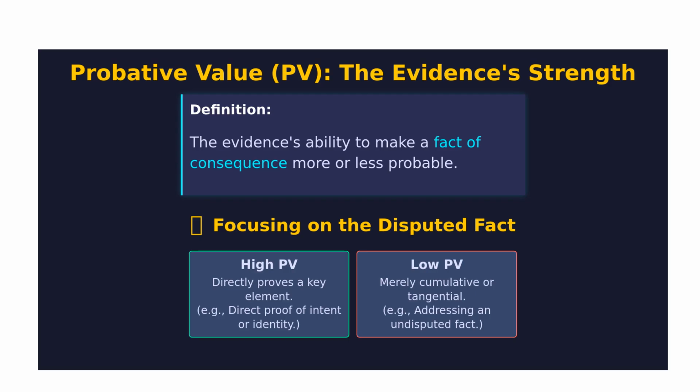Conversely, evidence has low probative value if it is merely cumulative, repetitive, or addresses a fact already conceded by the opposing party. If the evidence only slightly moves the needle on a minor point, its PV is low, making it much easier for the dangers listed in Rule 403 to outweigh it.